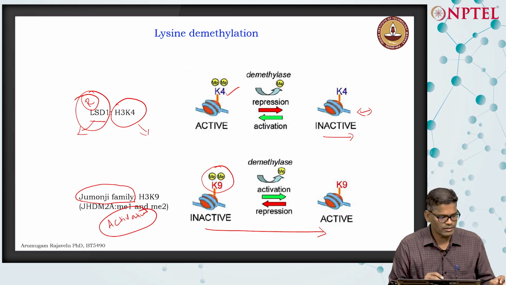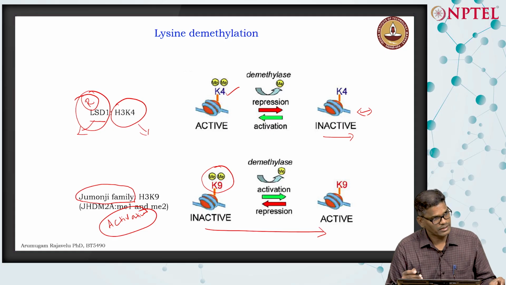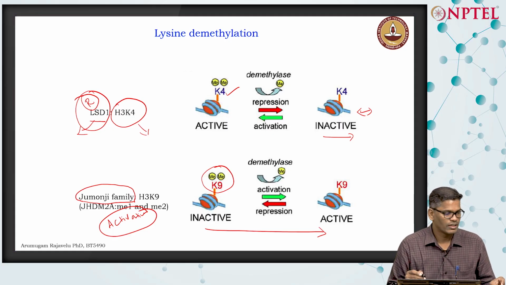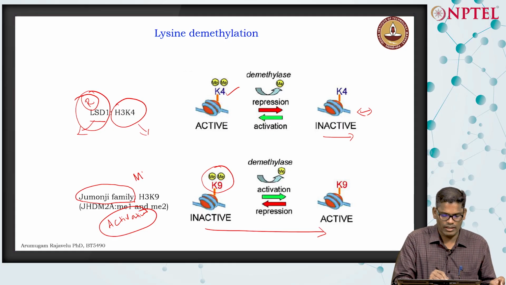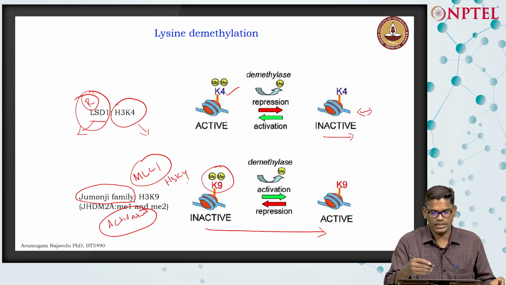Similarly, the Jumonji also works along with the gene activation complexes. It is MLL, which is a protein which methylates histone 3 lysine 4, right. So, this is how it can work for a successful gene inactivation or gene activation.